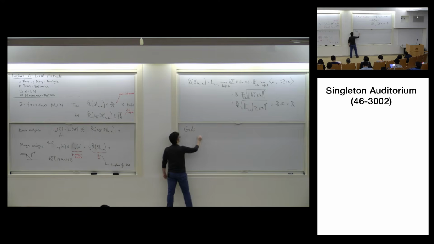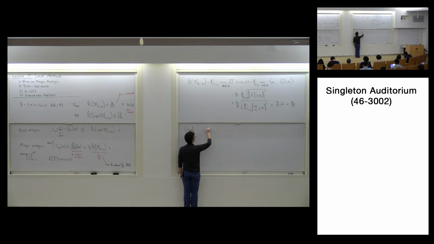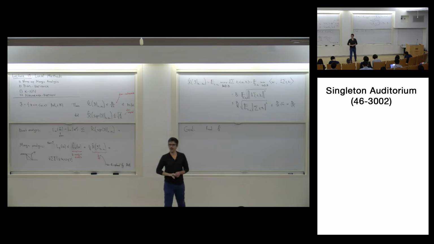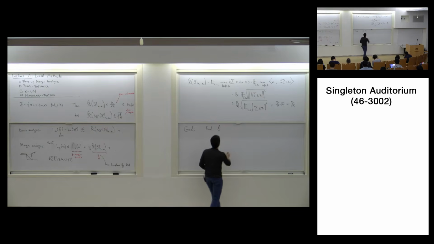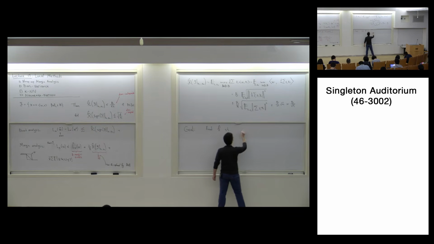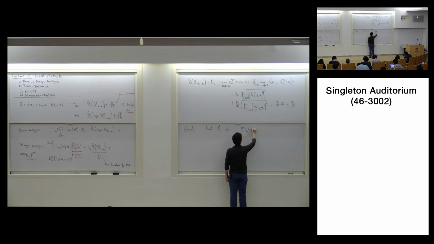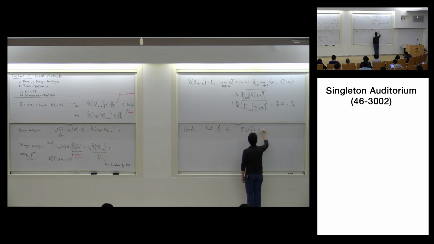Our goal was to find an algorithm, a way to construct f hat from the data, such that for the problem that you have, the expected out-of-sample performance of f hat minus L of f star is small.